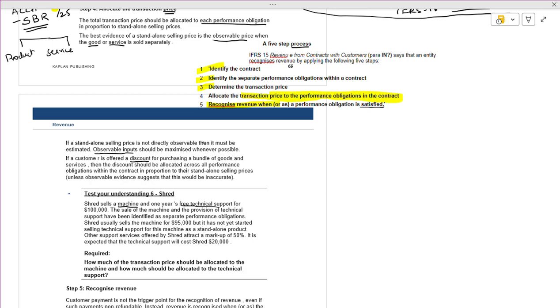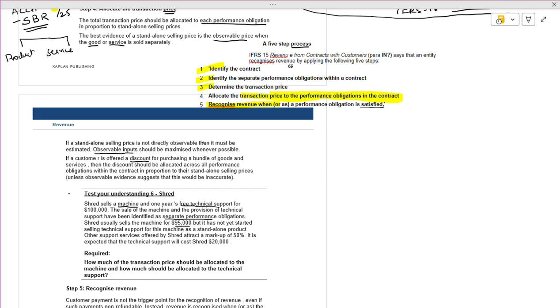With the product they will also sell the service, but the service cost has not been identified. The sale of the machine and the provision of technical support have been identified as separate, meaning the product is different and the service is different. Shred usually sells the machine for how much?